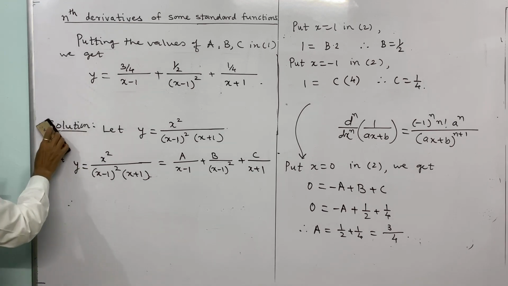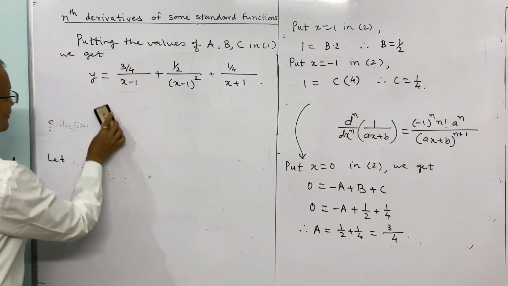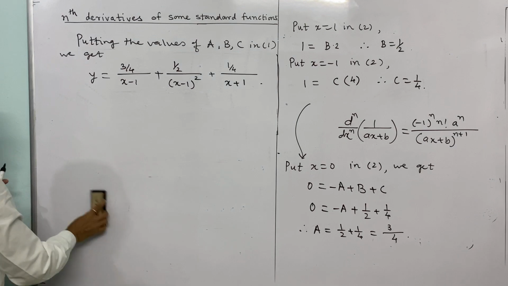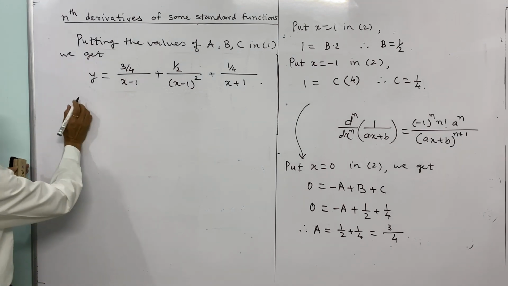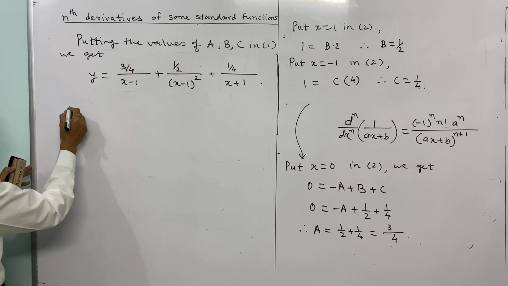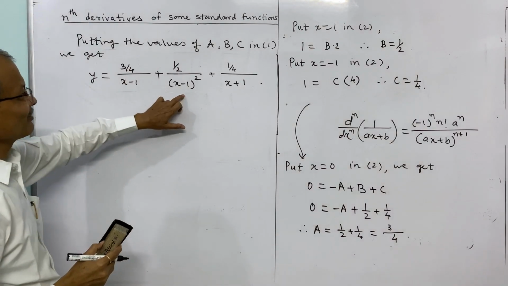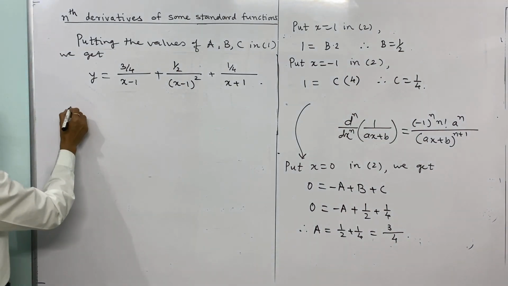Now we want to get the nth derivative of this. Differentiate this expression n times on both sides. But you should see, we have to write this in another way for differentiating.